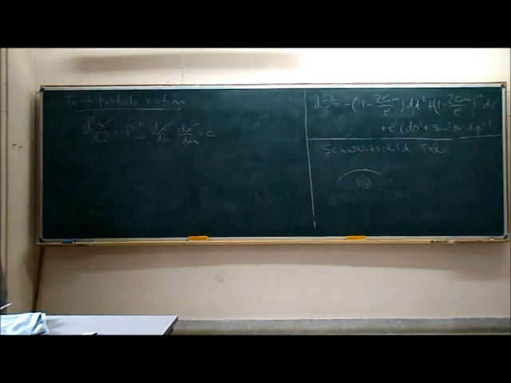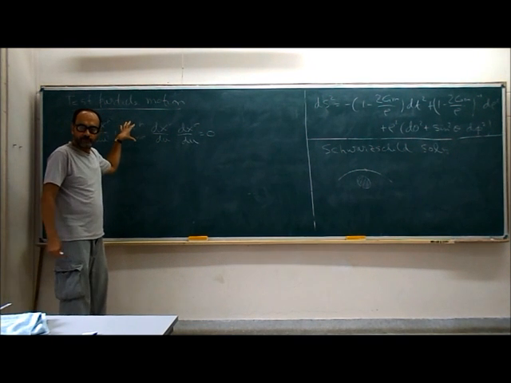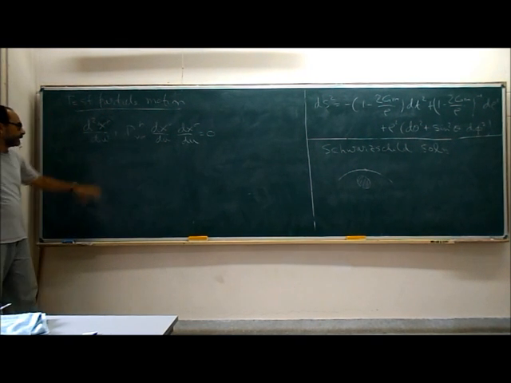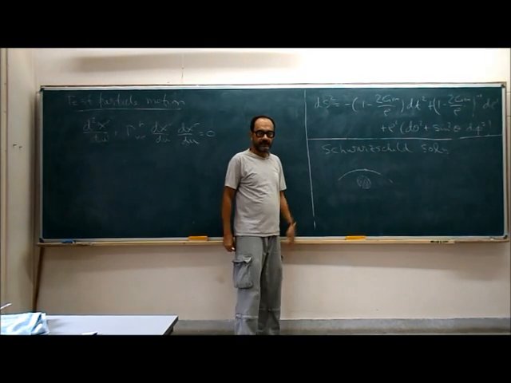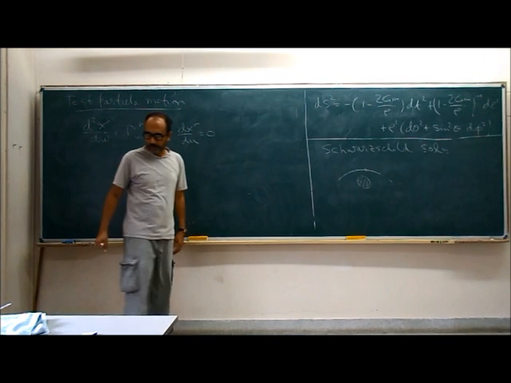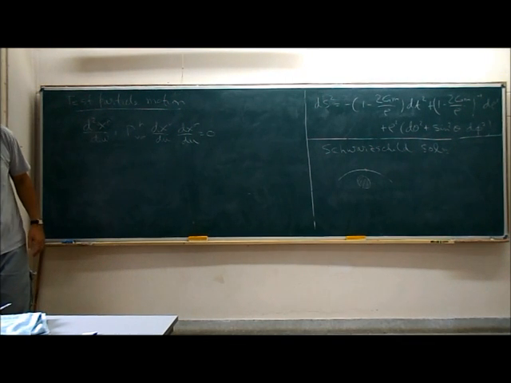So all you have to do is calculate the gammas for this background and substitute. If you have done your exercise, you would have already calculated the gammas, because after all you have to calculate the Riemann tensor, and for that you have to calculate the gammas. So let me write down the results.